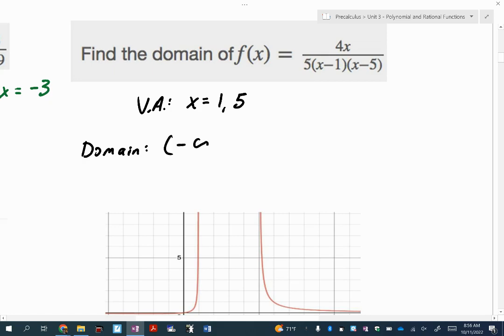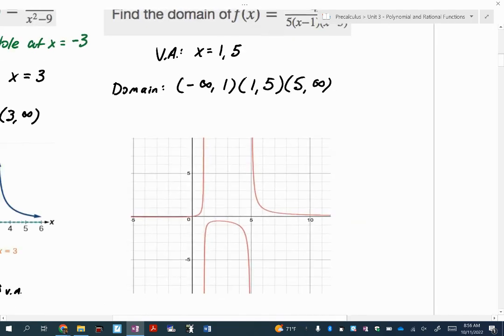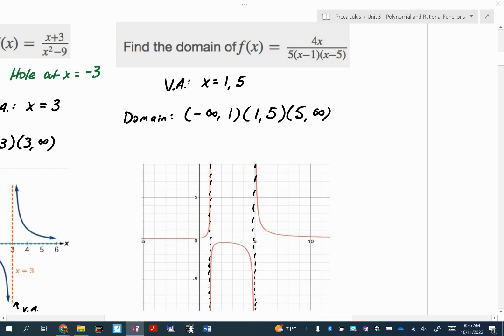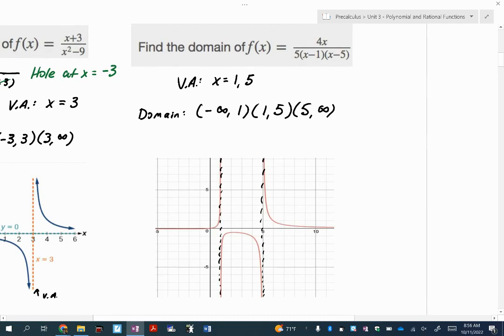So negative infinity to positive 1, 1 to positive 5, right? That's my next vertical asymptote. And then 5 to positive infinity. You can look at the sketch too to see kind of what's happening. So I told you there's a vertical asymptote at x equals 1, a vertical asymptote at x equals 5, and as I said, we don't have any removable discontinuity. So that's the domain for this second one.